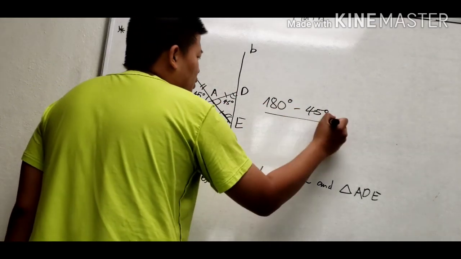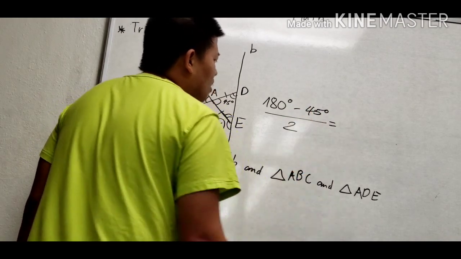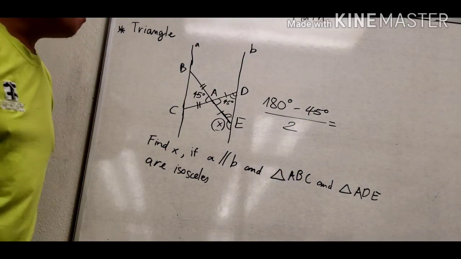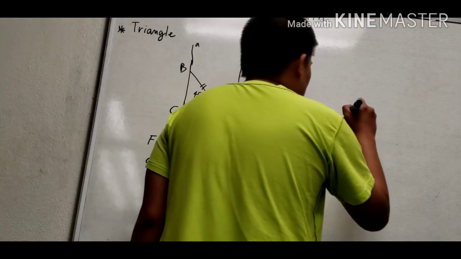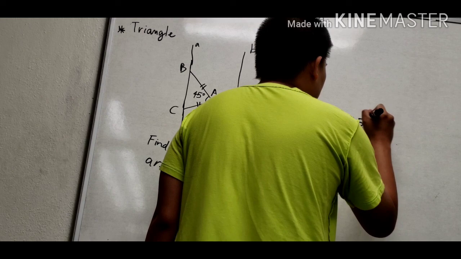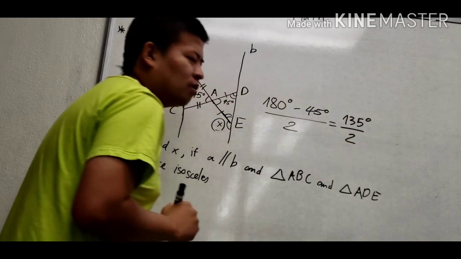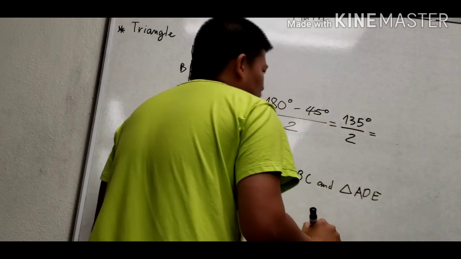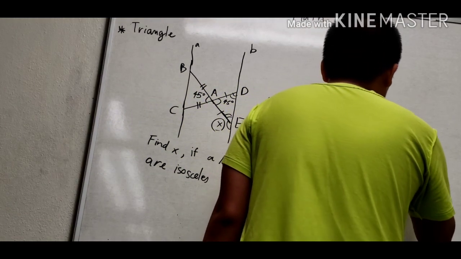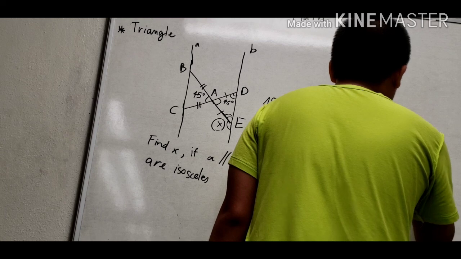So we divide by 2. We have 180 degrees minus 45, which is 135 degrees, divided by 2. So 135 degrees divided by 2 is about 62.5 degrees.